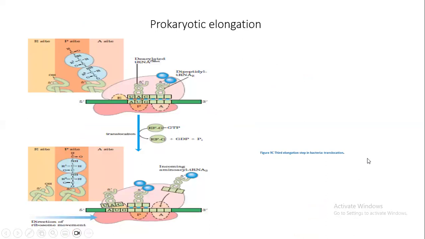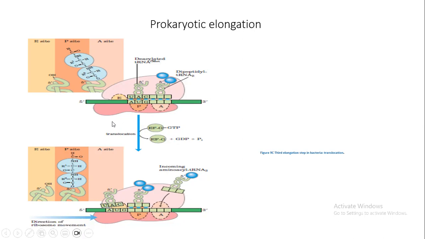The next step in elongation is translocation, which is catalyzed by elongation factor G, also known as translocase. This will also enter in the form of an elongation factor G-GTP complex, which will catalyze the translocation reaction.